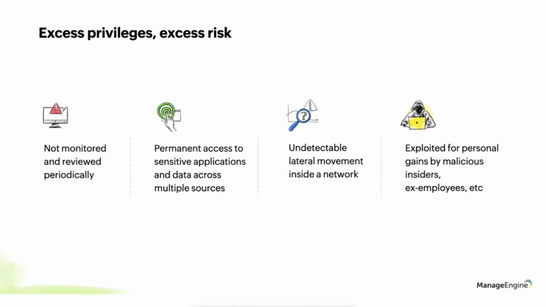So when an employee leaves an organization, a particular employee could have access to multiple privileged resources, applications, and servers across your enterprise. So when an employee leaves, there's usually a manual check to see if all the privileges that are granted to the employee are revoked and so on.